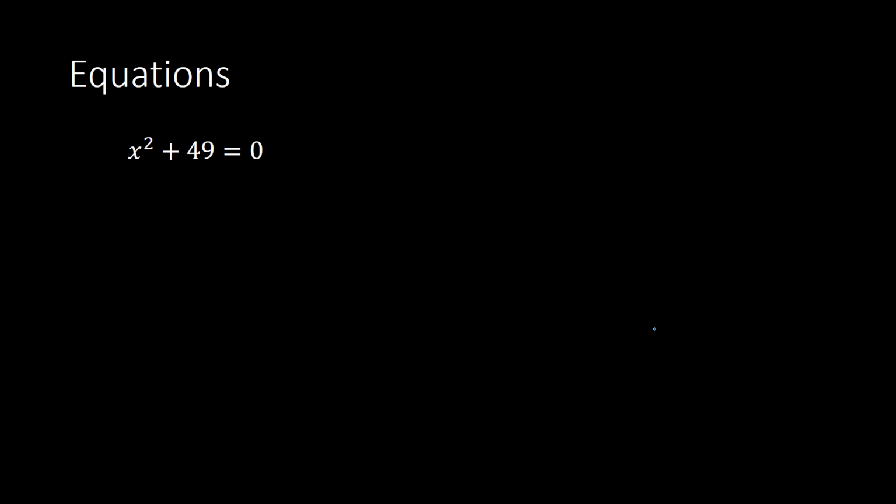So here's one of those situations where one method is better than the other. In this scenario, you actually cannot factor this. It looks like you can, but you cannot, because it's not a difference of squares. This is a plus sign. So what I want to do is get x by itself. I can try to isolate that squared term by subtracting 49.